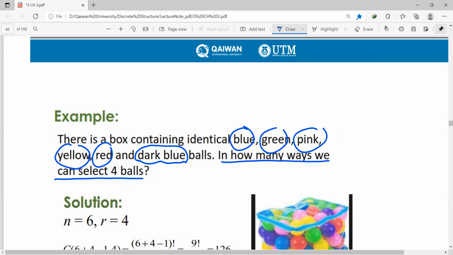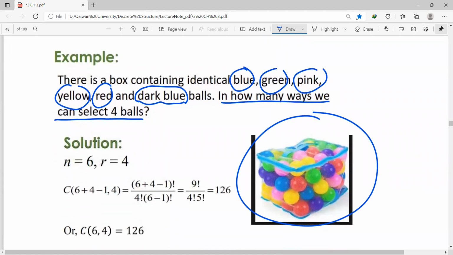For example, maybe there are 10 blue balls, maybe there are 4 yellow balls. So it's possible to choose all 4 balls from the same color. All the balls could be yellow, or 3 of them could be one color and the last one different, or each one from a different color. That means repetition is allowed here.